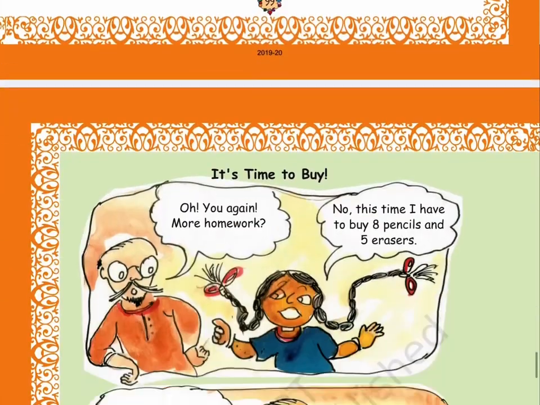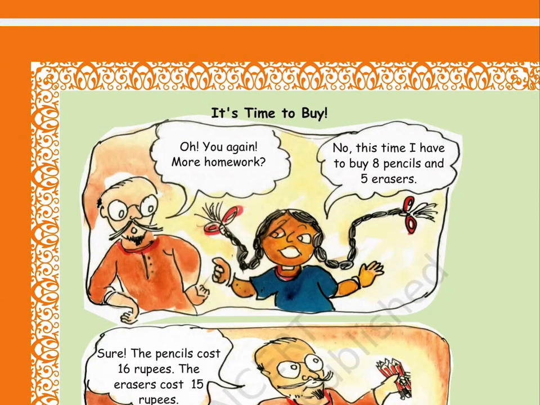Page 100. It's time to buy. This page has 3 pictures and conversations between a girl and a shopkeeper. Hope you remember the girl from chapter 8 who tricked the shopkeeper in solving her mathematics homework question. Let's begin reading this page.